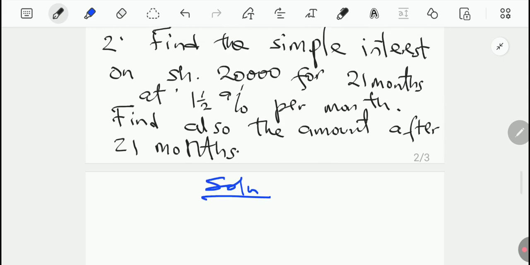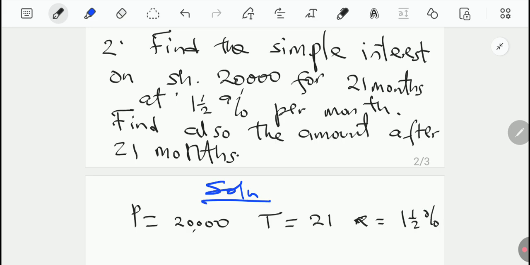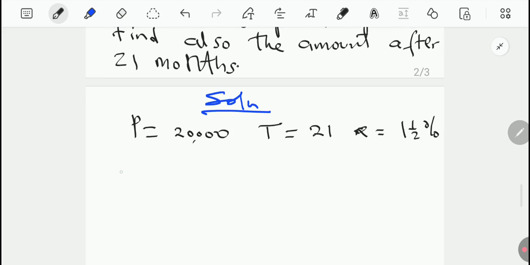Now we have the principal is 20,000, and then the time is 21 months, since they are already in months, and the rate, which is R, the same as 1.5%.